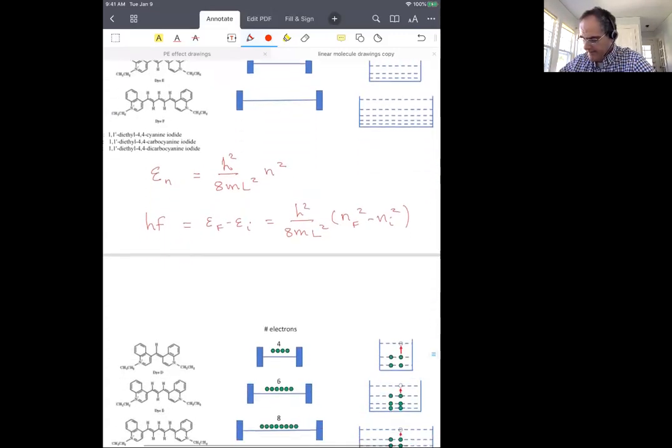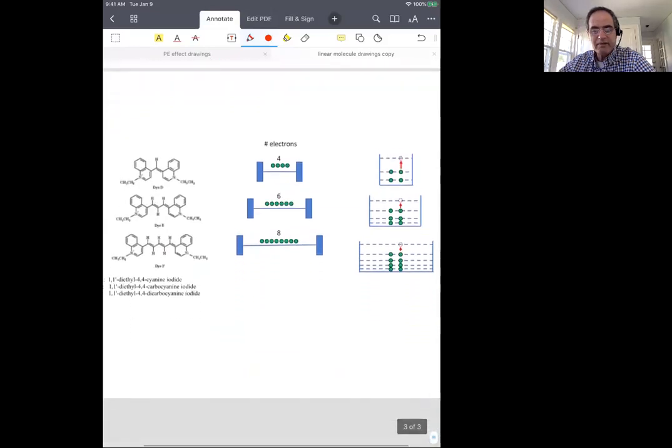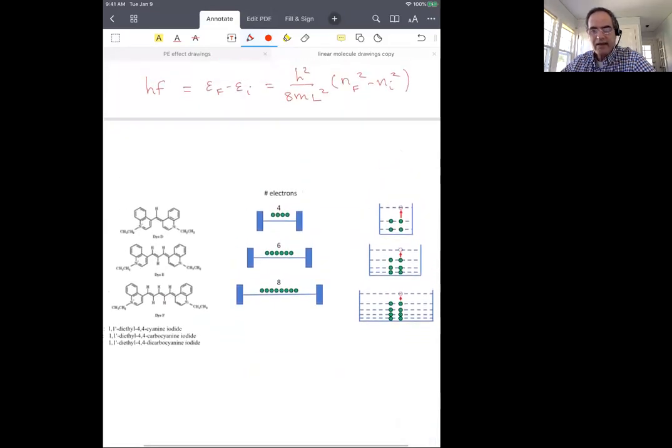Okay, finally, these boxes should be full of electrons. And the number of electrons depends on the molecule. The rule is 2 electrons per double bond in the chain, plus 1 per nitrogen atom in the end groups.